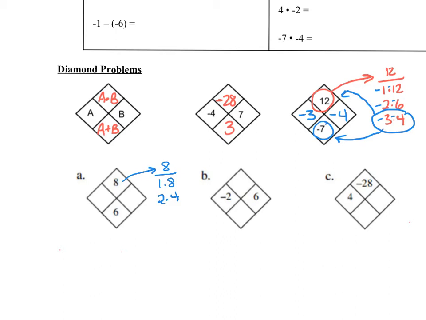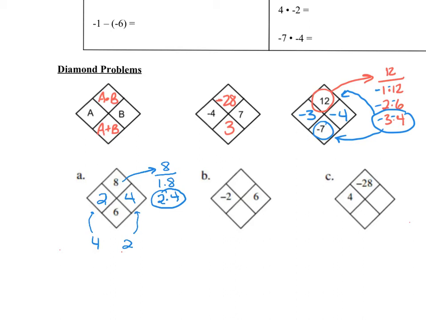So now I just think, which one of those pairs of numbers, 1 and 8 or 2 and 4, could I add together and get 6? And obviously 2 and 4 is the way to get 6. So I'd write a 2 here and a 4 here. Now, it does not matter the order you write those in. I could have put the 4 on this side and the 2 on this side. It does not matter, okay? So however you want to do that.